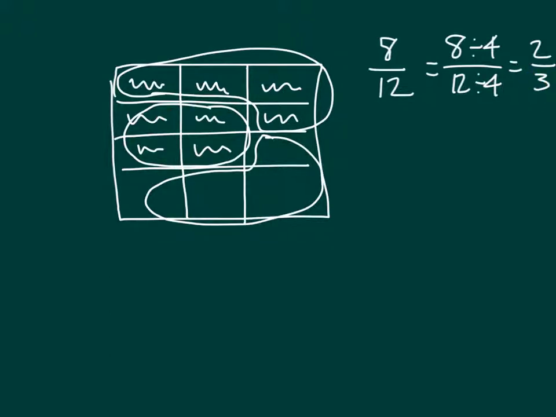And we have 2 of them that are shaded. And then there are 3 total groups of 4. And that's why we have that fraction 2/3. So 8/12 does equal 2/3. And I have the area model to show it.